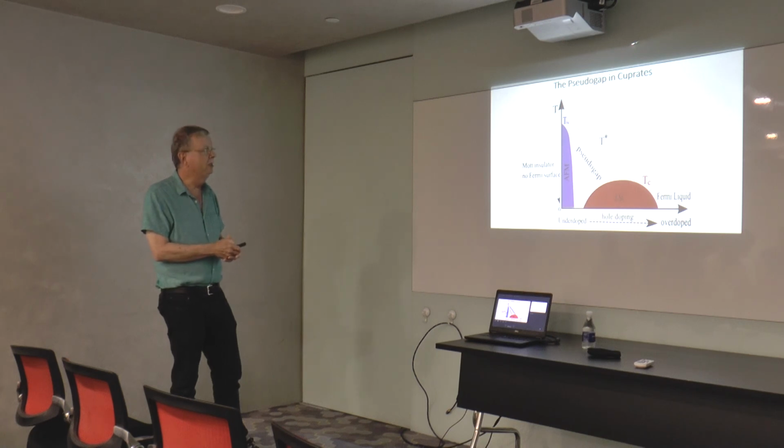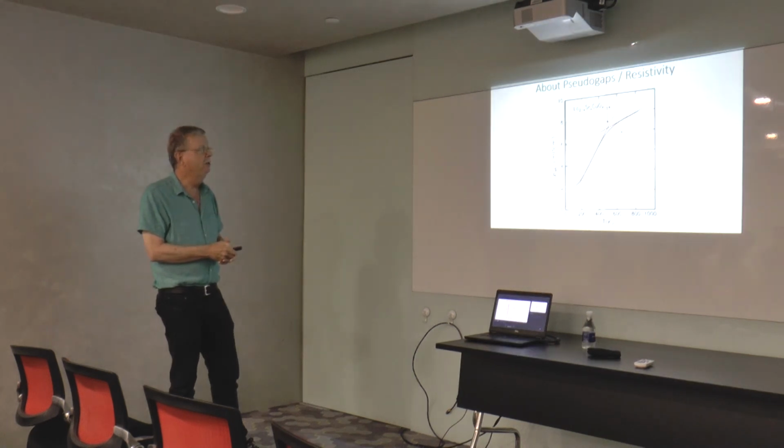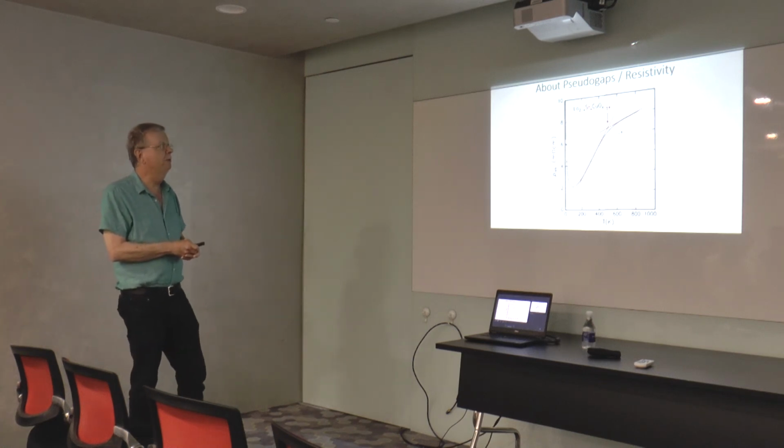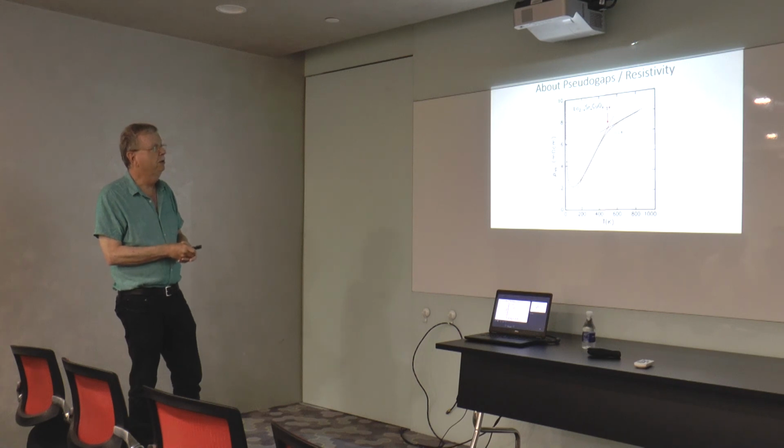And so that's what these data are showing: if you look at the resistivity in something away from the superconducting dome, here's the linear resistivity coming down, and suddenly at a T star of close to 500 Kelvin, an enormous temperature, which we saw on that phase diagram graph, the density of states that's leading to this linear behavior falls, and you come down here.